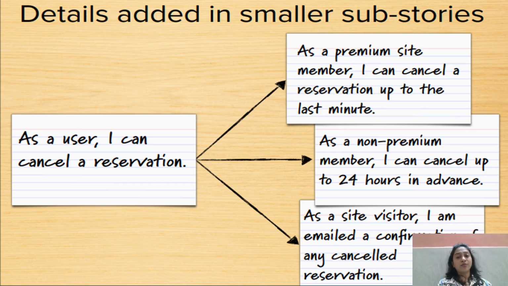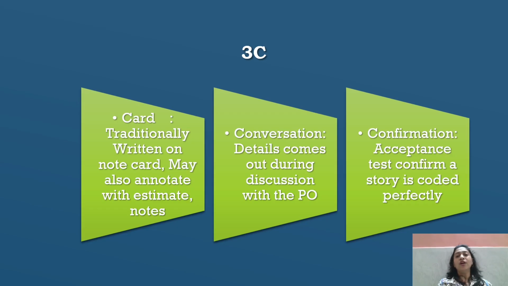Okay. And those subtasks also require some estimations. Okay. Points, story points. So while doing this, we need to consider these three C's. The three C's are what? Card, conversation, and confirmation. Okay, the card is traditionally written on a note card, may also be a note, right?